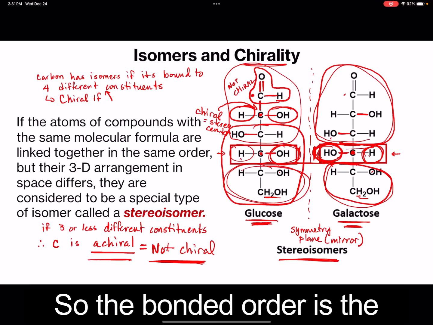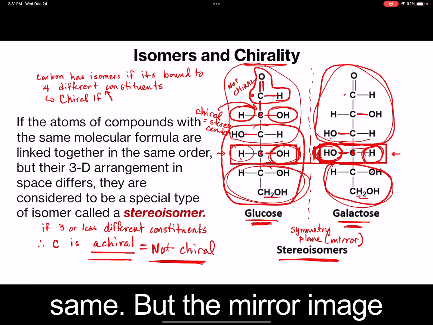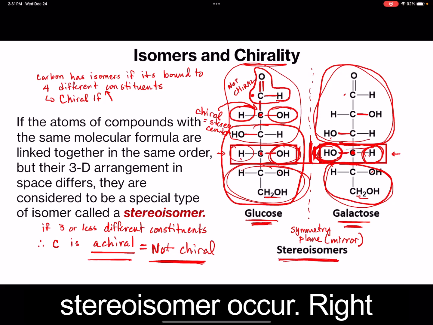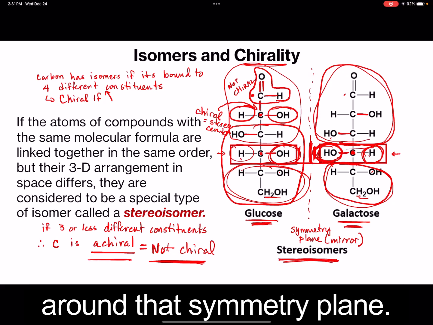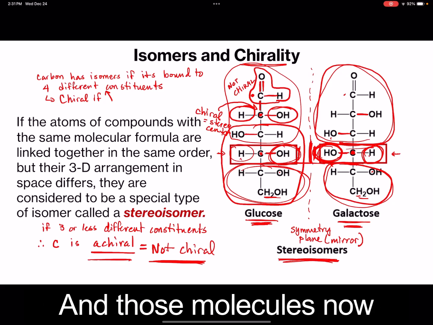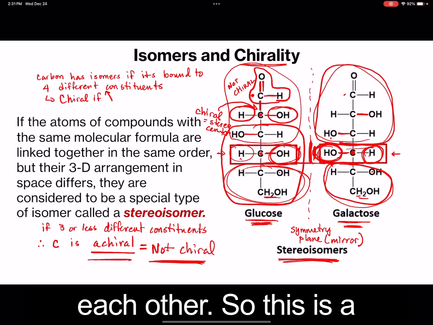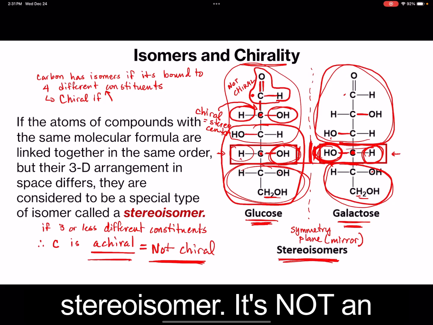So the bonded order is the same, but the mirror image is different. So these are when you have a stereoisomer occur, right? When you have that mirror around that symmetry plane, and those molecules now are not superimposable on each other. So this is a stereoisomer.